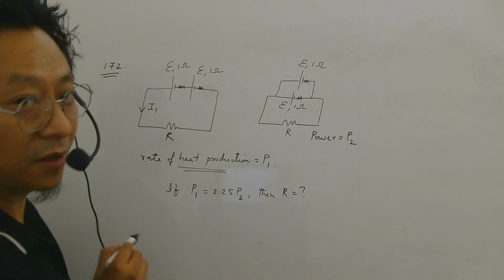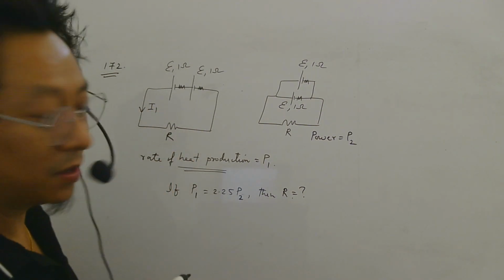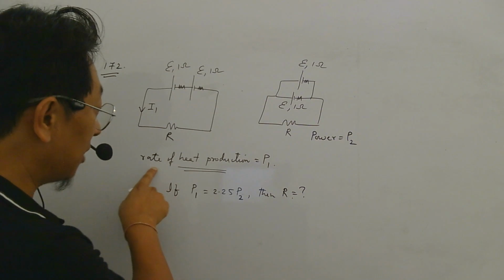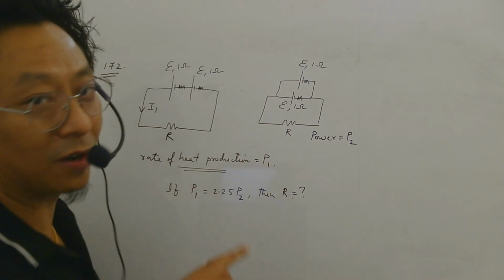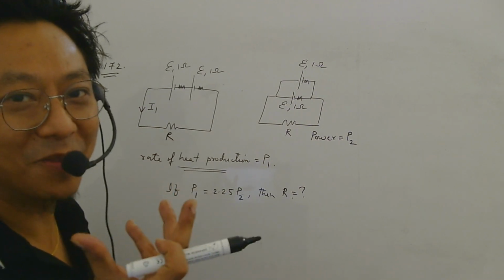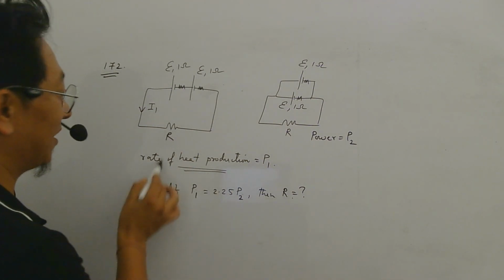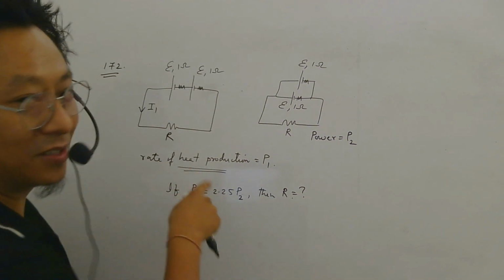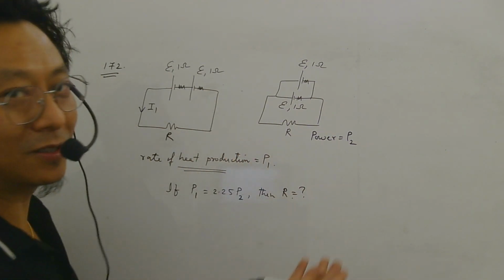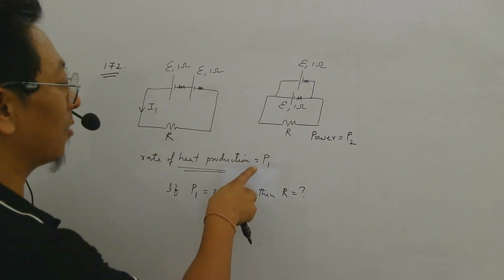I1, let's say. Because of that current, there will be some heat produced. The rate of heat produced is given P1, which is nothing but power. Power means what? Energy consumed per second, right? Per second means rate. So rate of heat energy produced means energy released per second or energy consumed per second, which is power.